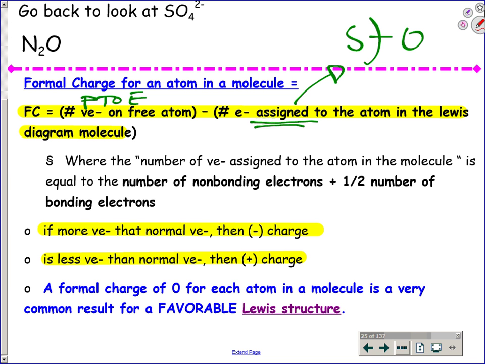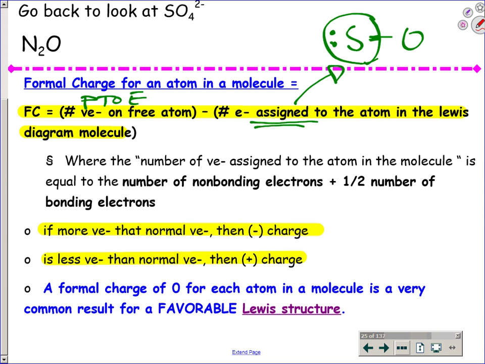So I've assigned 1 electron to sulfur in that single bond situation. And if sulfur had a lone pair, the lone pair would be 100% assigned to sulfur because it's not sharing it with anybody. So in this situation, I would have 1, 2, 3 assigned to sulfur.